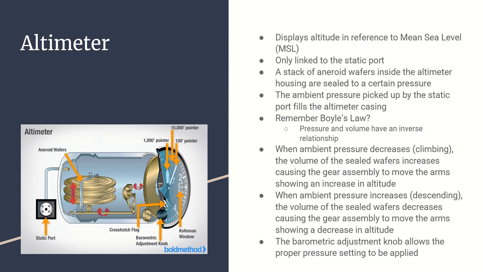And then once we level ourselves off, there is no longer that increase in pressure. So the arms stop moving because the aneroid wafers are not changing size anymore. So that's all it is. It's just changing pressure in the casing. It changes the size of the aneroid wafers.